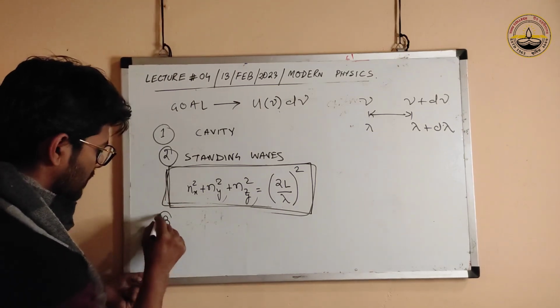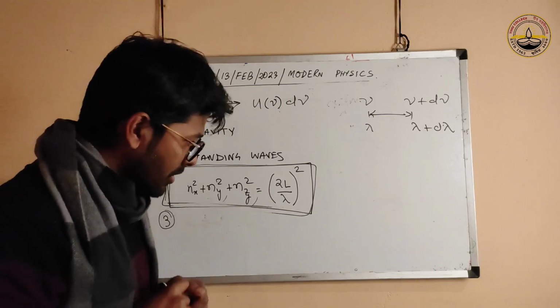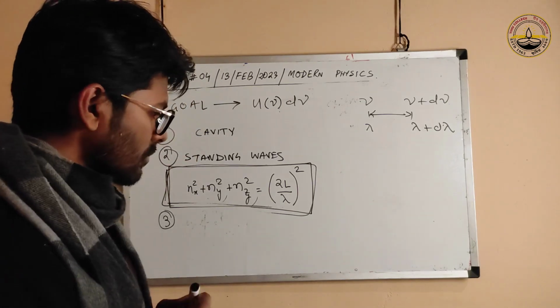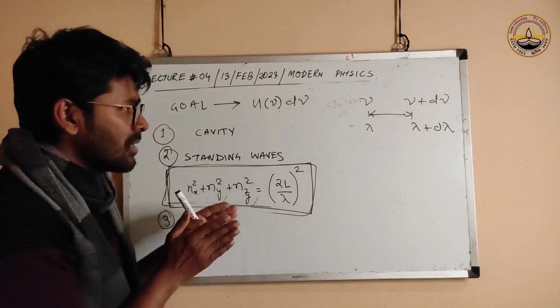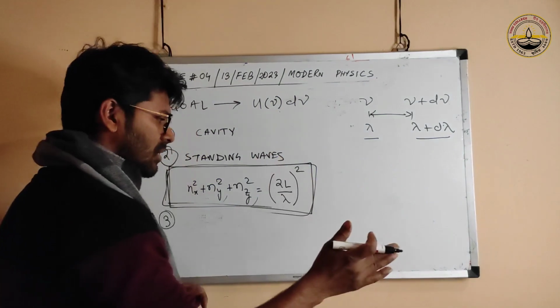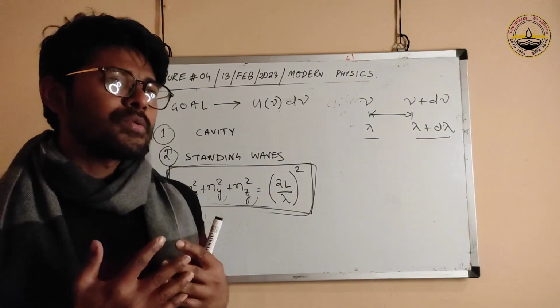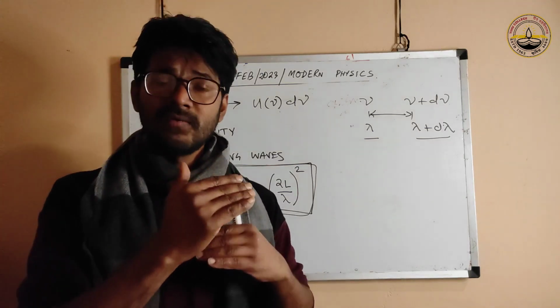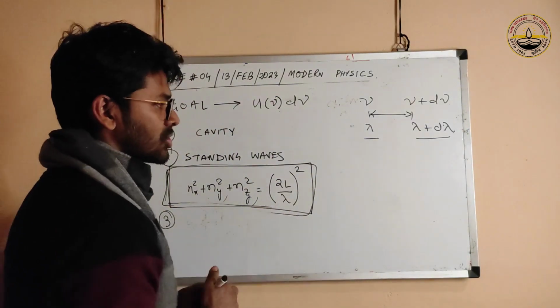Third, to calculate the energy between wavelength range lambda and lambda plus d lambda, we need to count how many standing wave modes are possible within that frequency range.